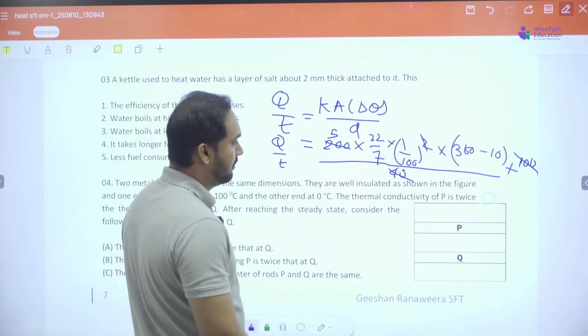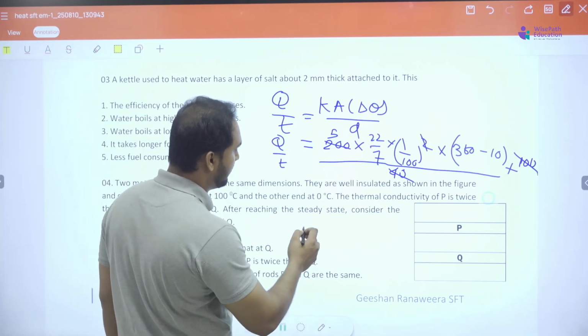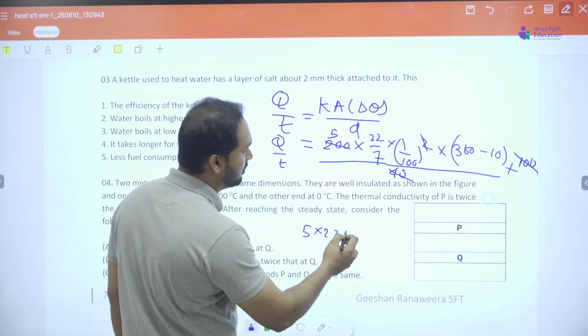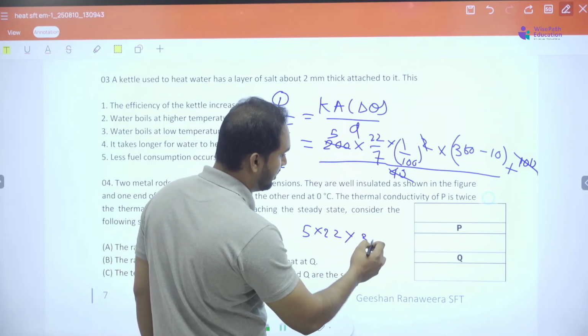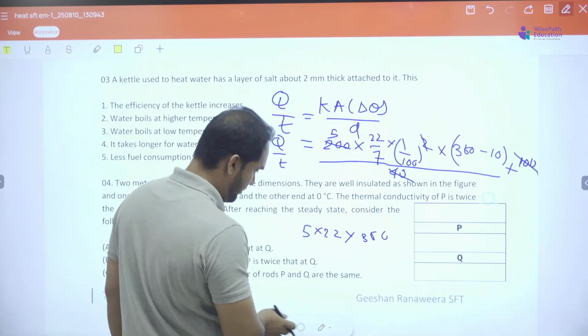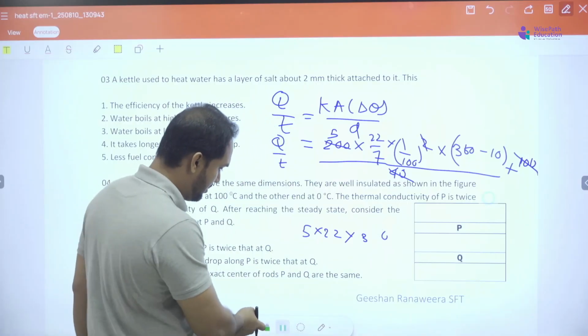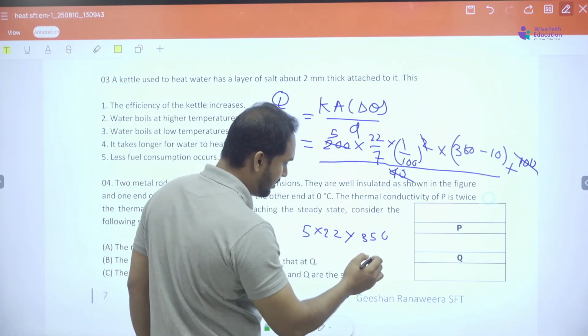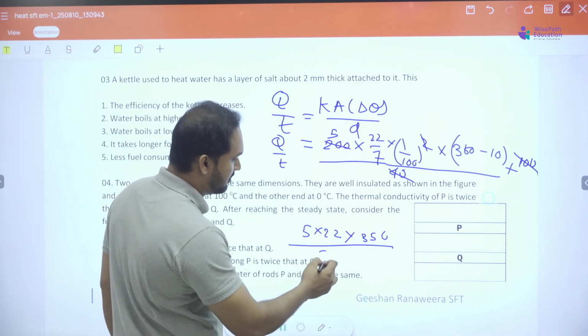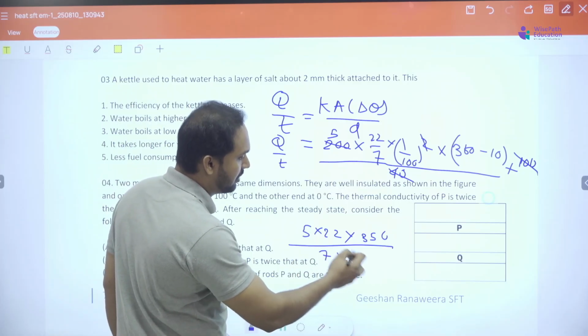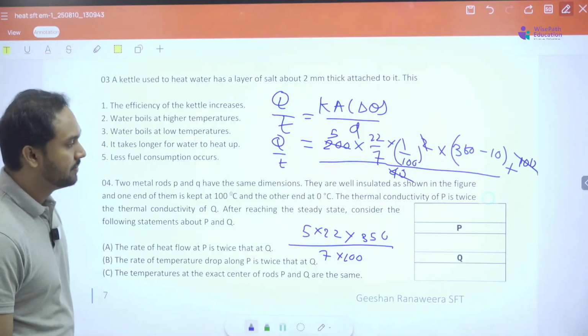And what is left on the top? That is 5 into 22 into 350 on the top. 350 divided by, what is in the bottom? 7 into 100. That's all, right?